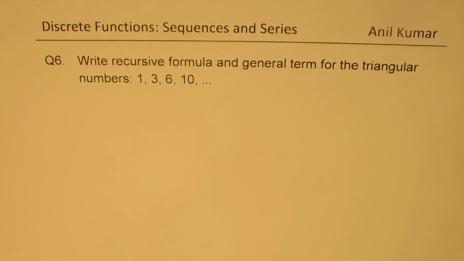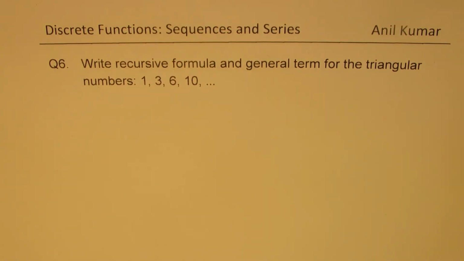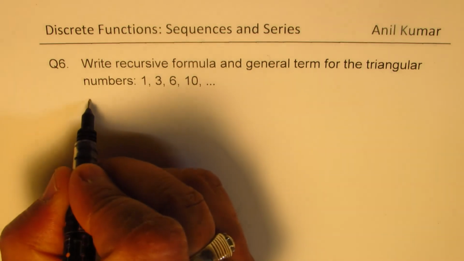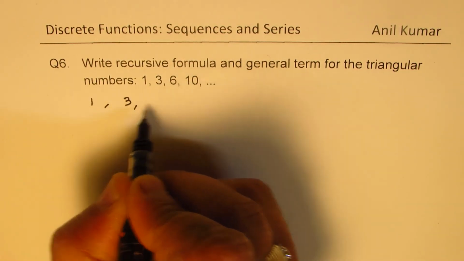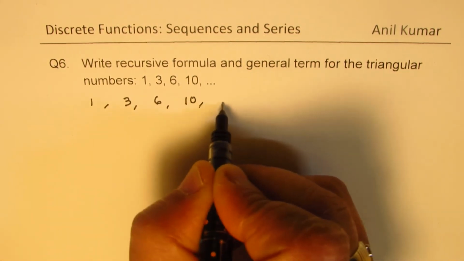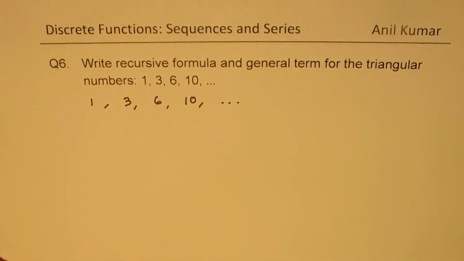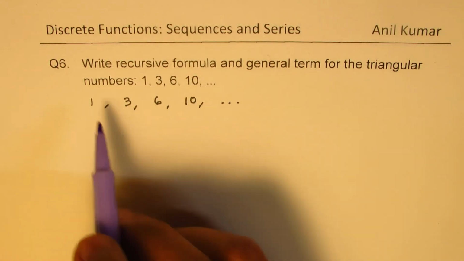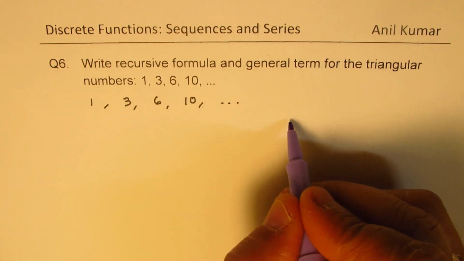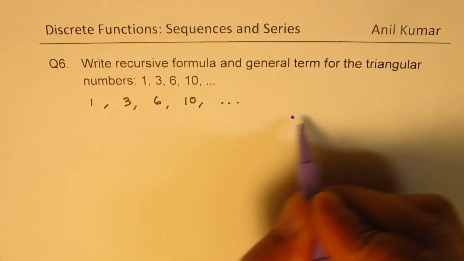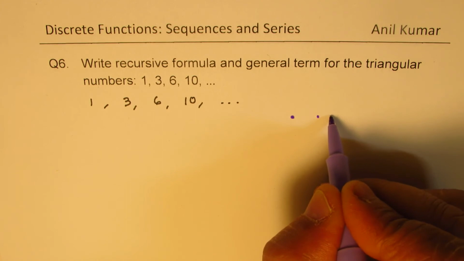I'd like you to pause and answer this beautiful question, which is based on triangular numbers. Question number 6. Write the recursive formula and general formula for the triangular numbers 1, 3, 6, 10. Now it is interesting to note that these numbers 1, 3, 6, 10 and so on are called triangular numbers because if you arrange them, let's say you have 1 here, then 3 could be arranged in a triangle.